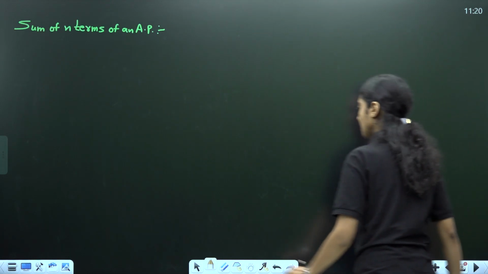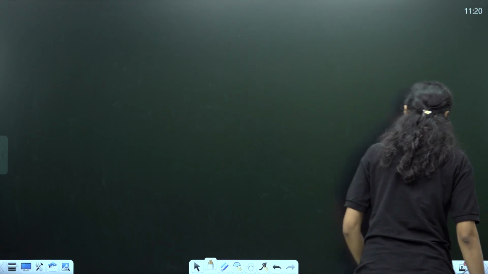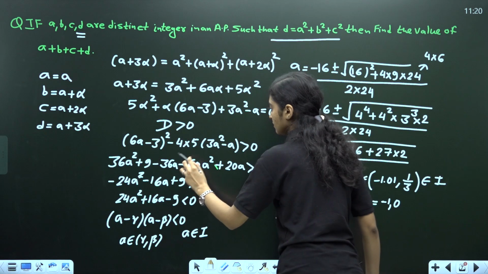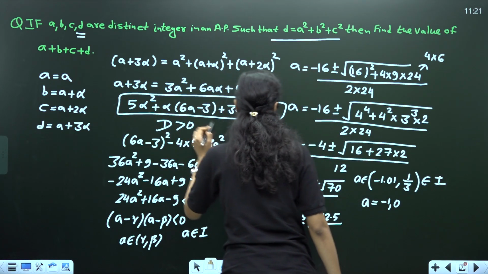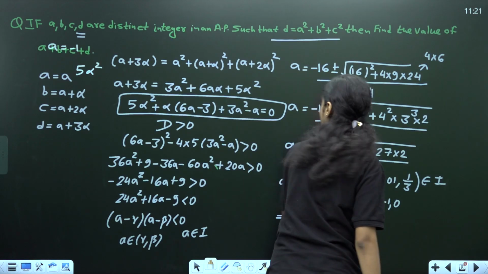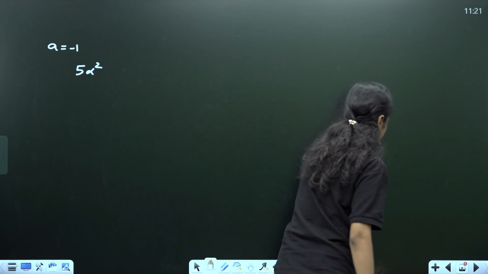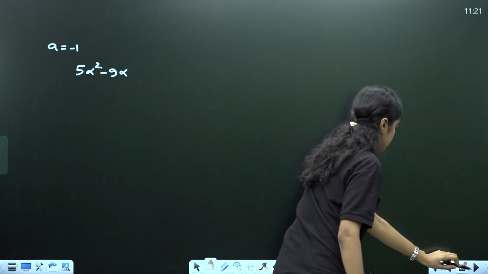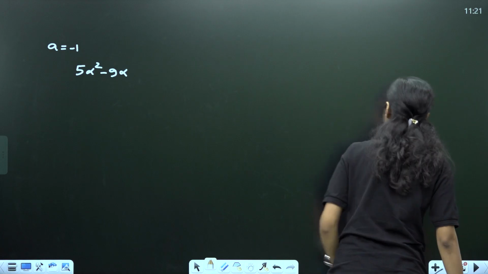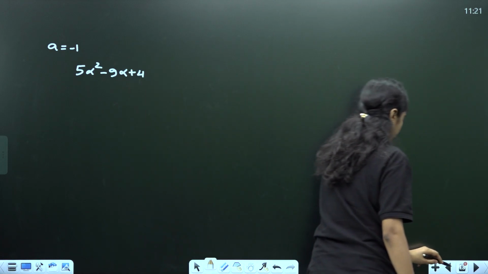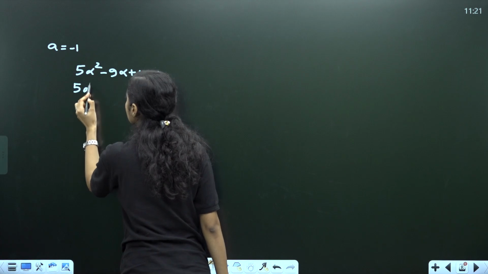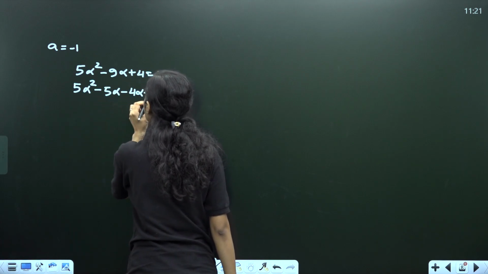Now a equals minus 1. Put the value of a equals minus 1 in the quadratic equation: 5 alpha square minus 9 alpha plus 4 equals 0. Split it: 5 alpha square minus 5 alpha minus 4 alpha plus 4 equals 0.